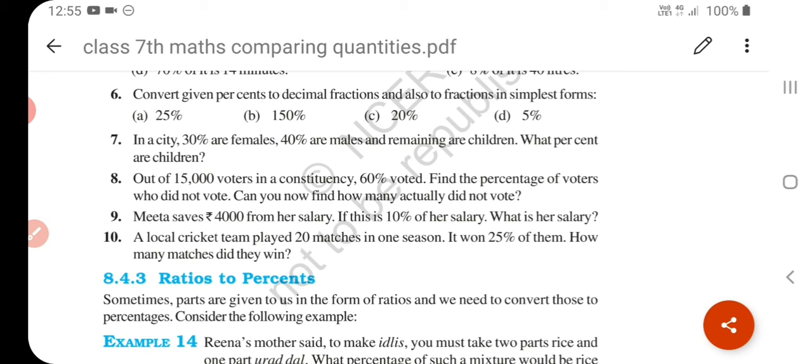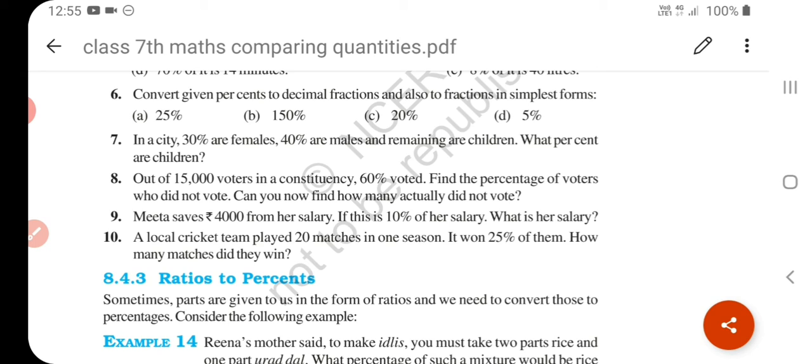How many matches did they win? So read the question carefully.